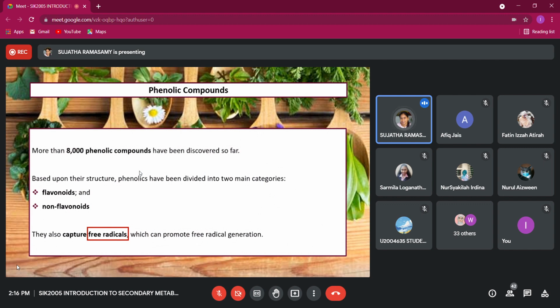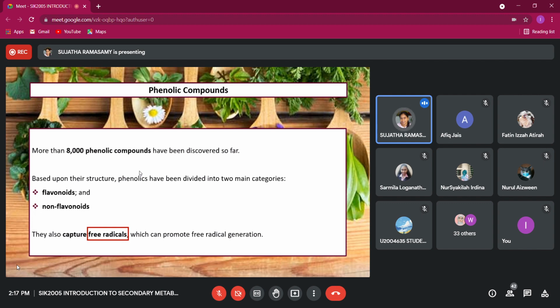So that's why, even though this is a phytochemistry class, let me introduce to you a little bit on free radicals, so that in next when you read about compound biological activity, you can understand clearly why free radical research is very important.